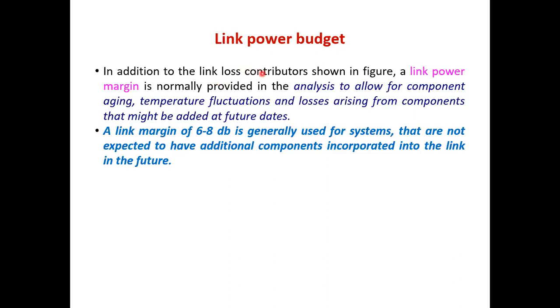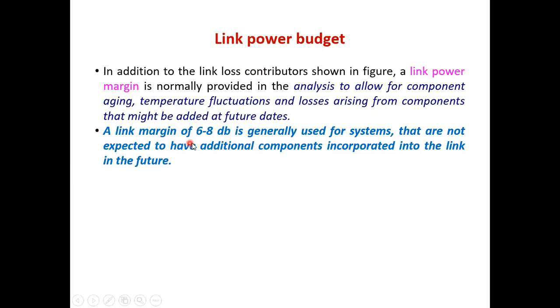In addition to link loss contribution, a link power margin, which I had already explained, is normally provided in the analysis to allow for component aging, temperature fluctuation, and losses arising from components that might be added at future dates. This is something you have to remember.